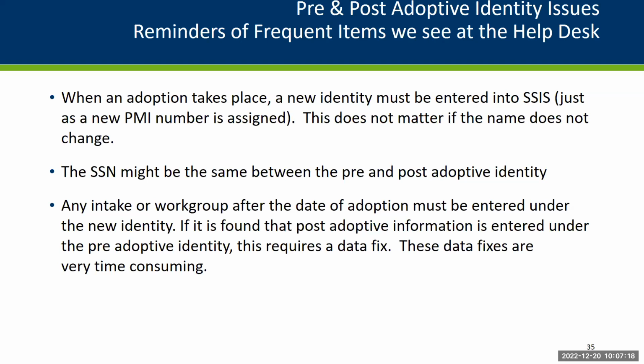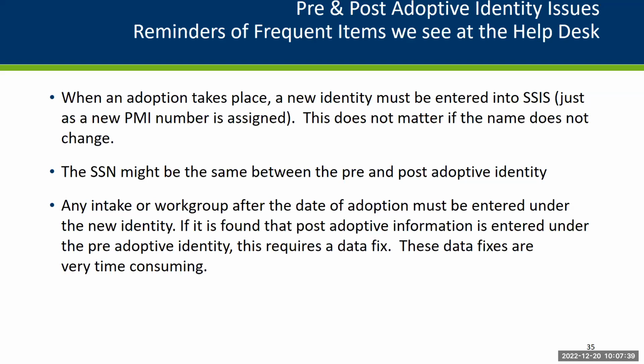A big thing we see a lot at the help desk is pre and post adoptive identity issues. When an adoption takes place, a new identity must be entered in SSIS, and this is just like a new PMI. A number is assigned to each adopted child. That doesn't matter if there is a name change.